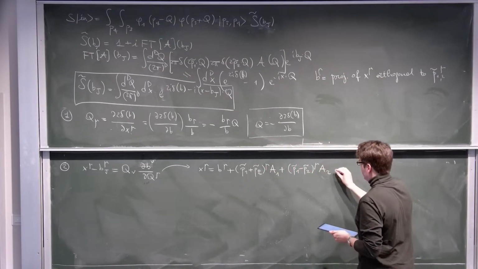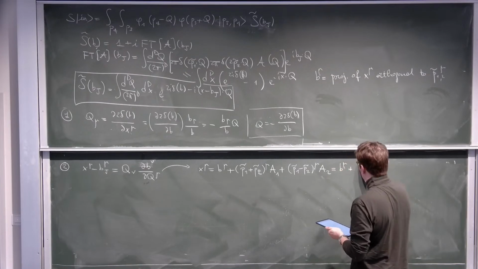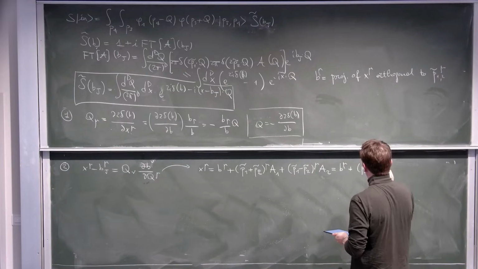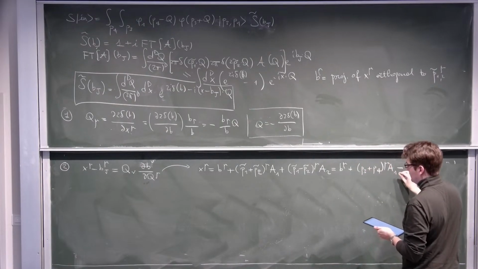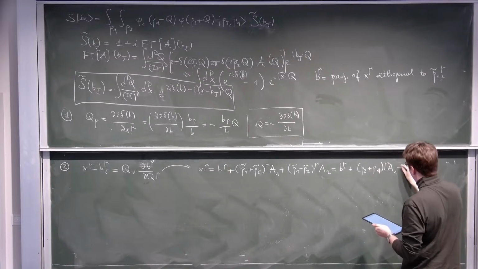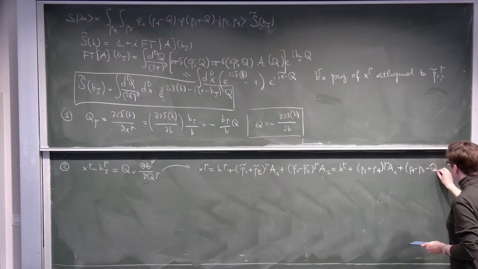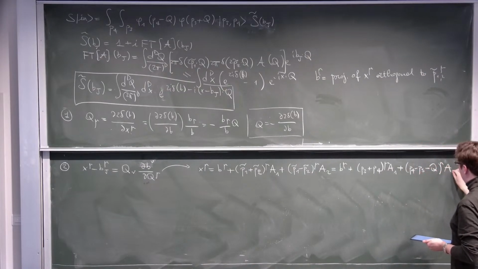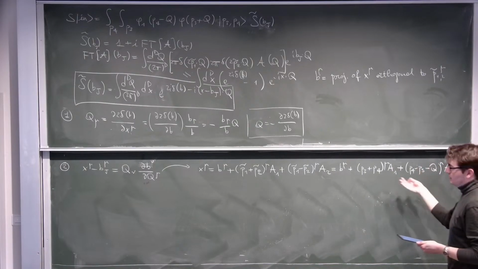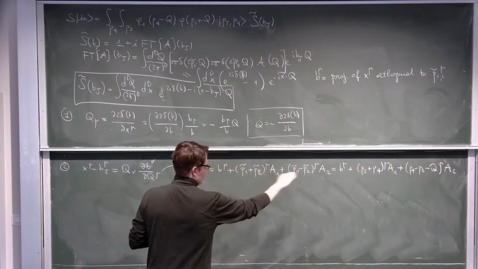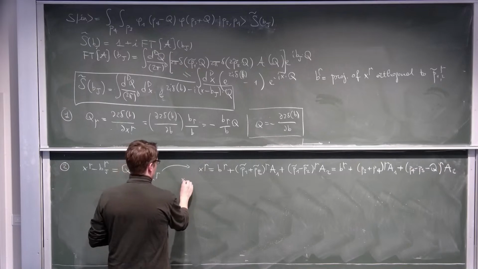Which we can also rewrite in terms of the final state, plus p4 minus p3 minus q. These are just the definition of p1 tilde and p2 tilde. And now the idea is to take the derivative of this identity, keeping in mind that x and q are independent, right?